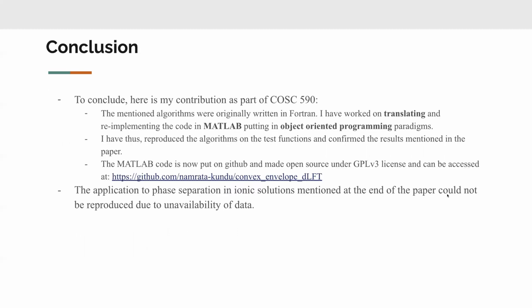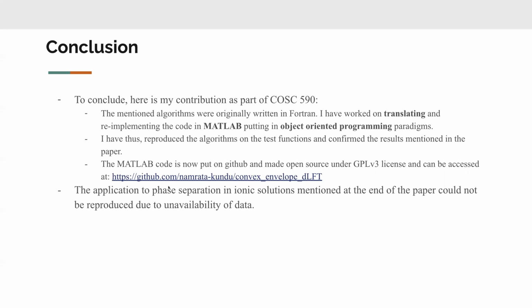All right, in order to conclude, I would like to mention that this code was originally written in Fortran, and I have worked on translating and re-implementing the code in MATLAB using object-oriented programming. And I have also reproduced the algorithms on the test functions which were mentioned in the paper, and I have confirmed the results from the paper.